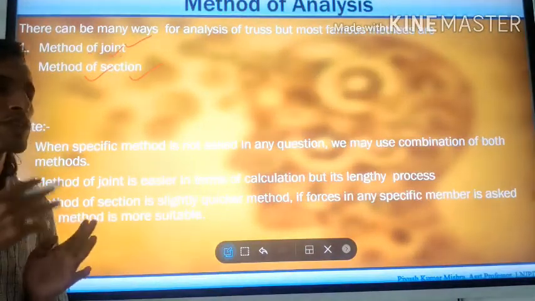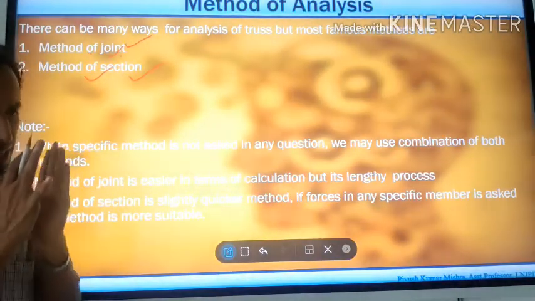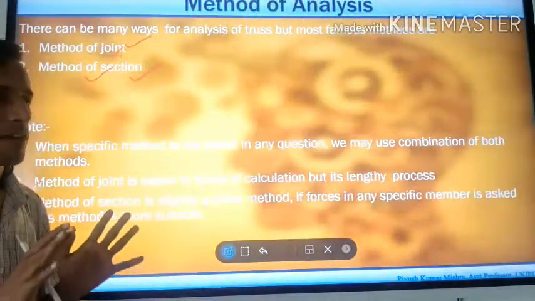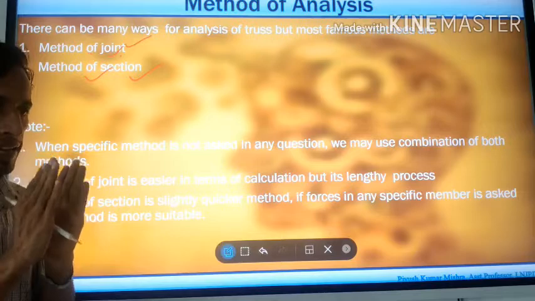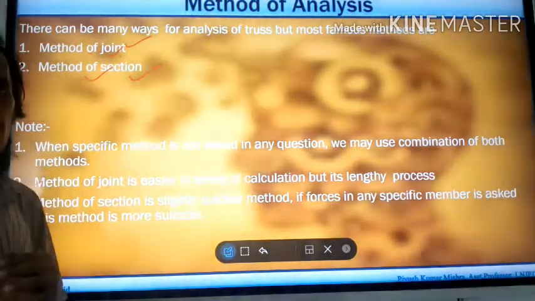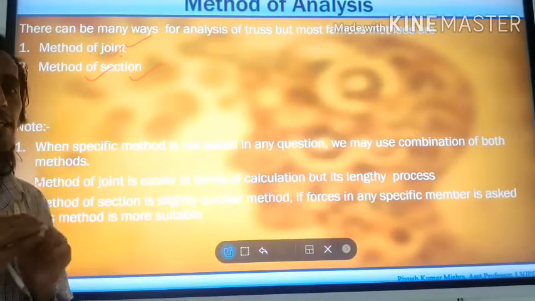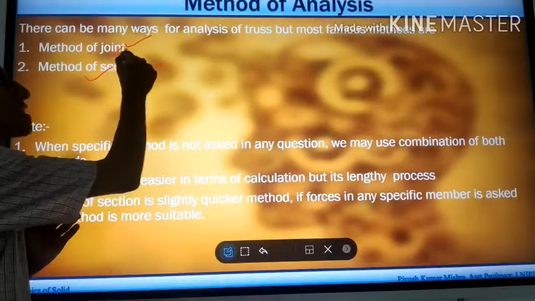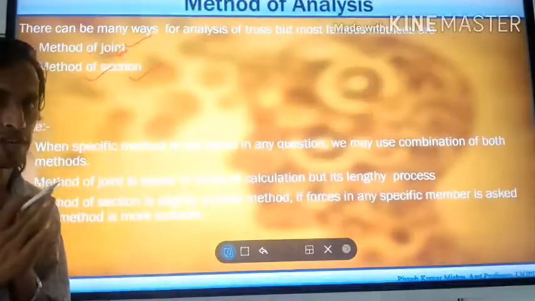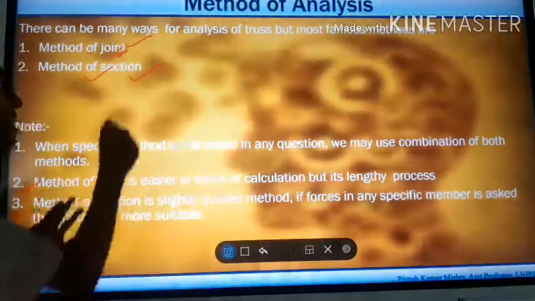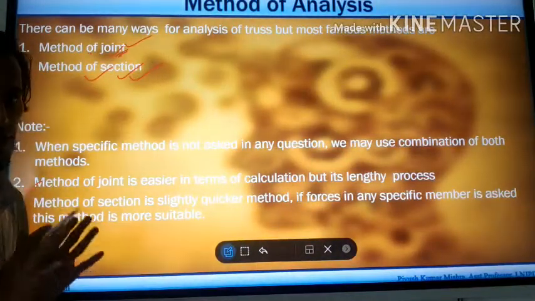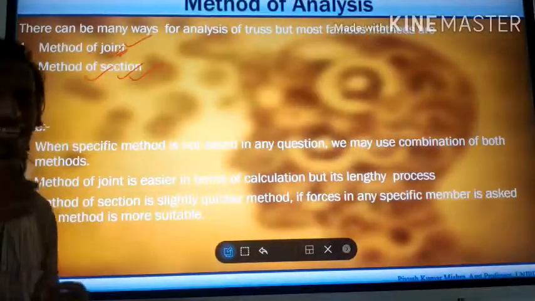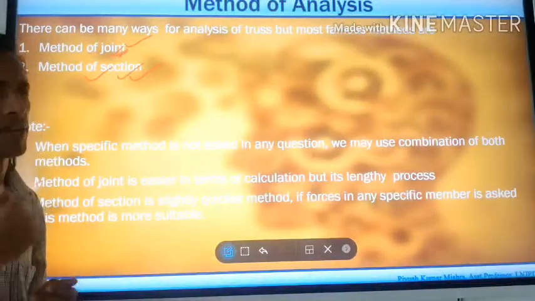You will be able to solve the truss with fewer steps or less calculation. So the method of section can be very good when you want to save your time, but it is a tricky method.